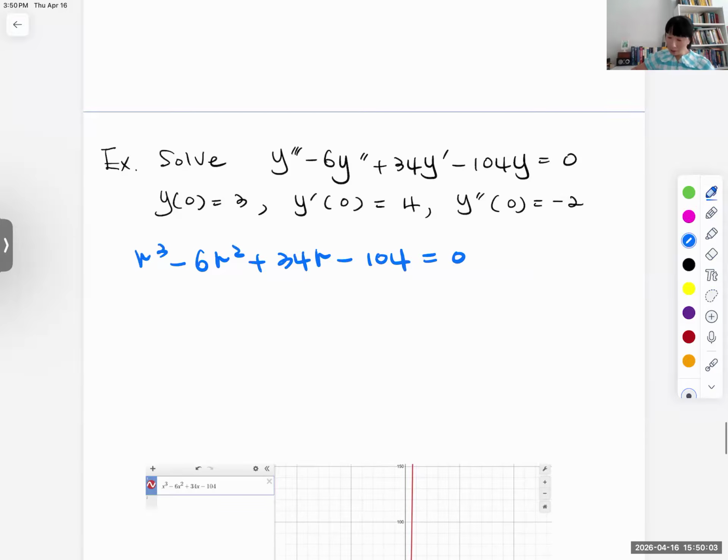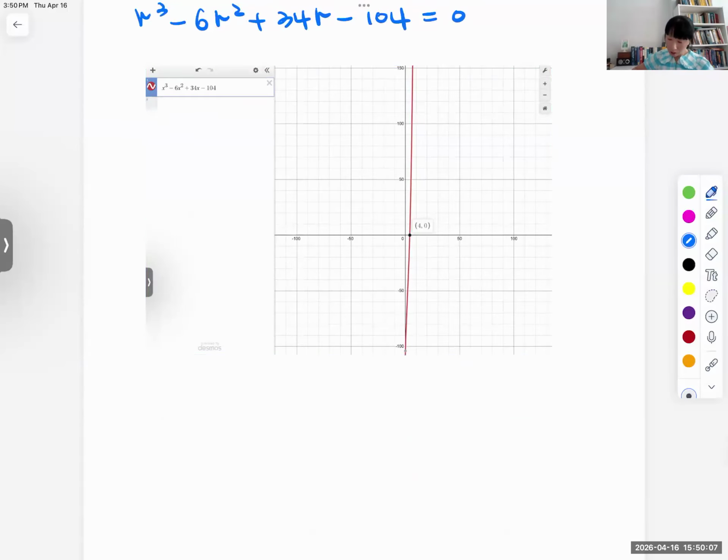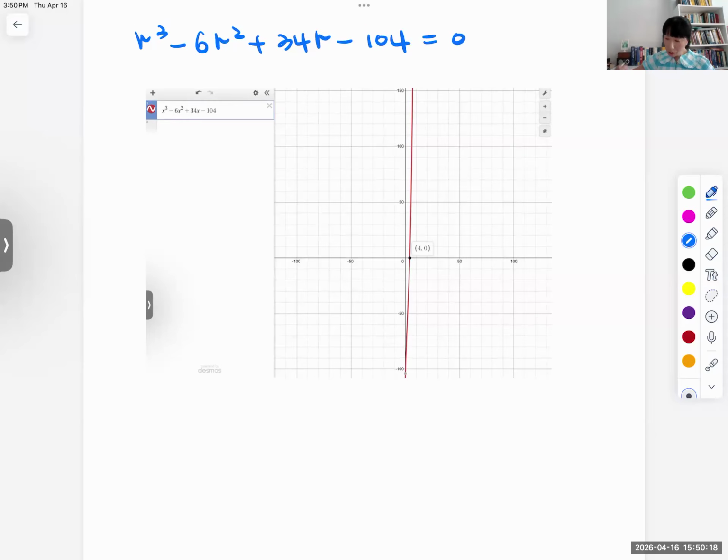Okay, now looking at the decimals, yeah, it's not like this, right? Cube root, right? So cube root looks like that or looks like that, right? Okay. This one, there is only one solution for the real number, which is 4.